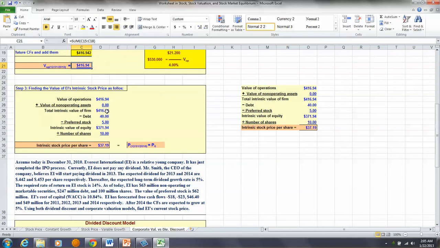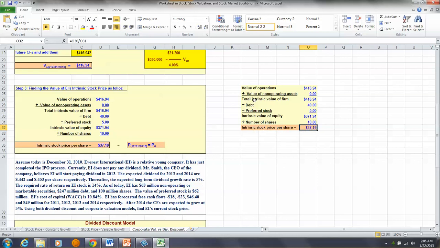Once I have the value of operations, take out debt, and take out preferred stock if you have any. Then it's going to give you the intrinsic value of equity. Divide by the number of shares, and that's going to give you the intrinsic stock price per share.